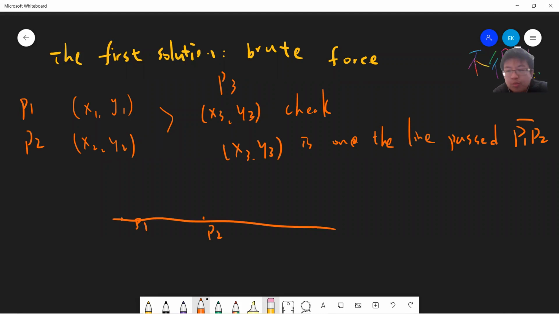So for each 2 points, you can create a line, and you just enumerate all the p3 points to check whether p3 is on the line through p1 and p2.